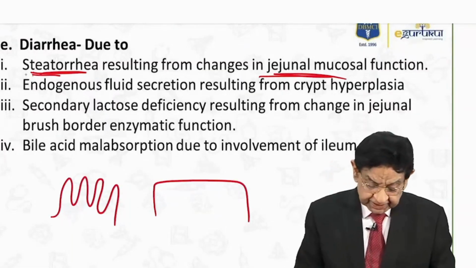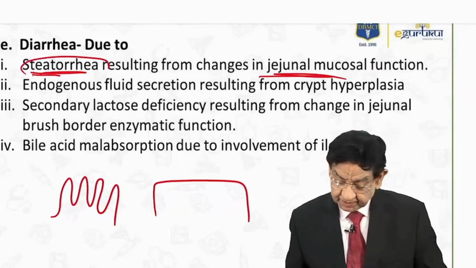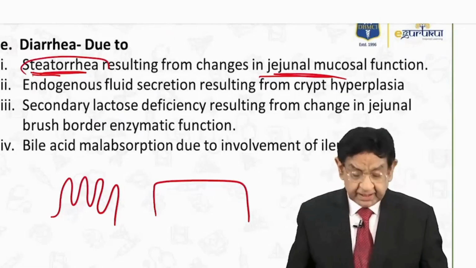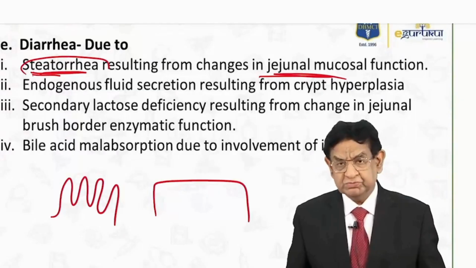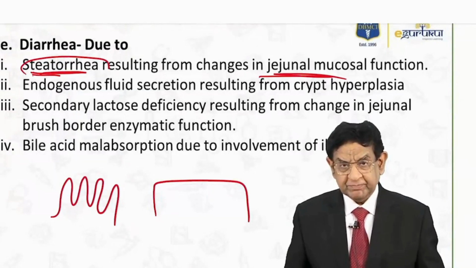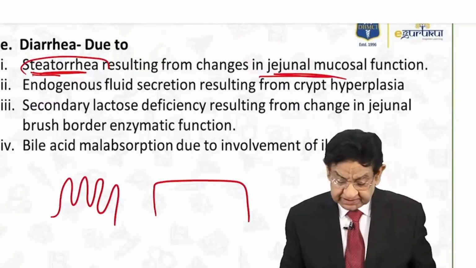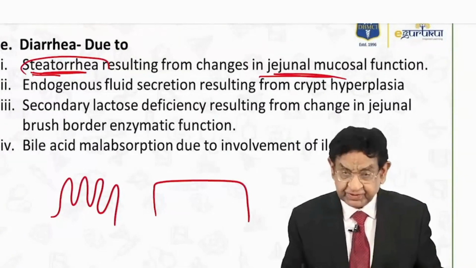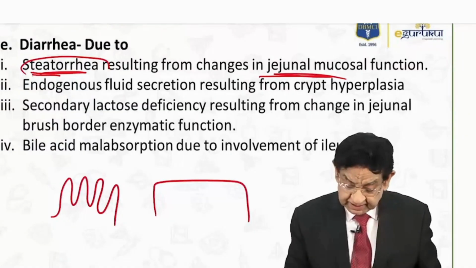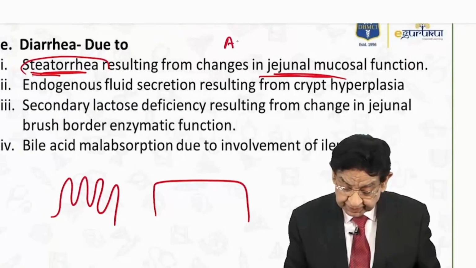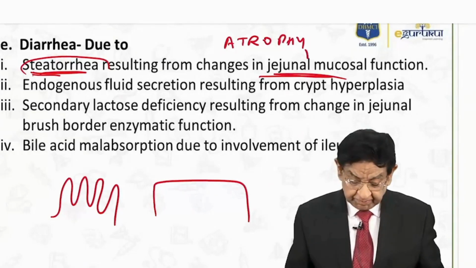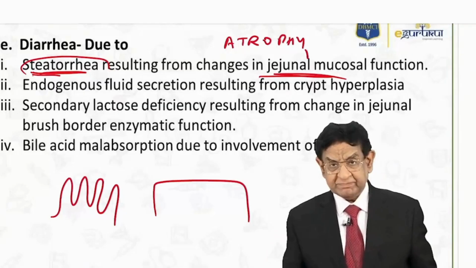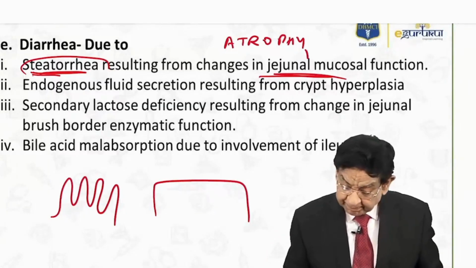That's why the patient develops steatorrhea. So one contributing factor for the loose motion is steatorrhea, fat. In addition to that, correlating with pathology, there is jejunal mucosal atrophy.